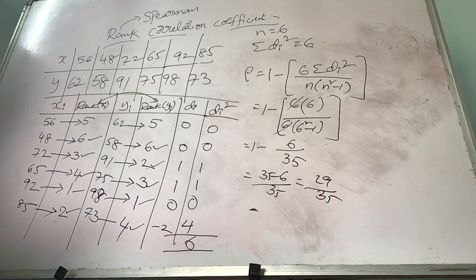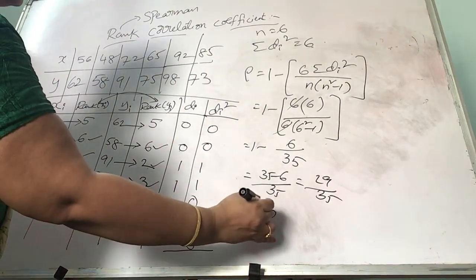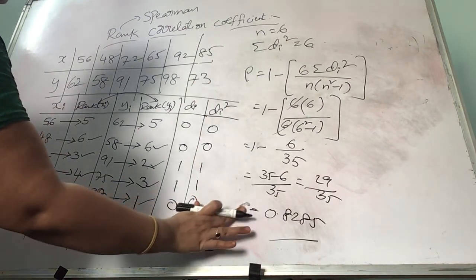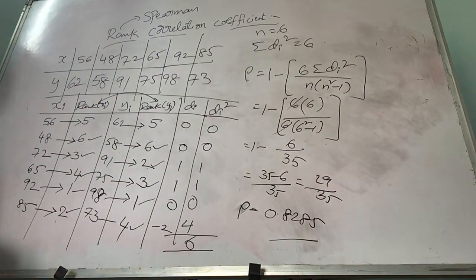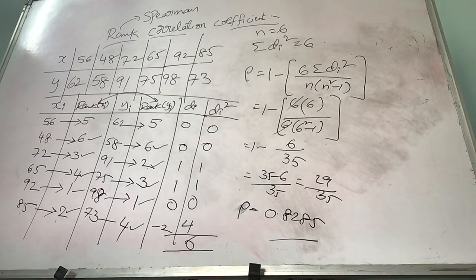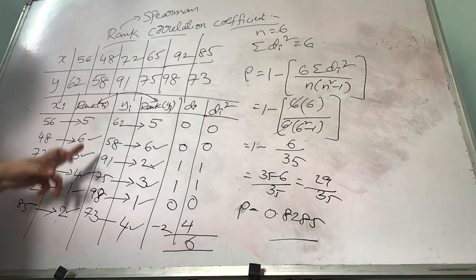So 29 by 35, we get the value 0.8285. This is the rank correlation coefficient in case of distinct ranks.